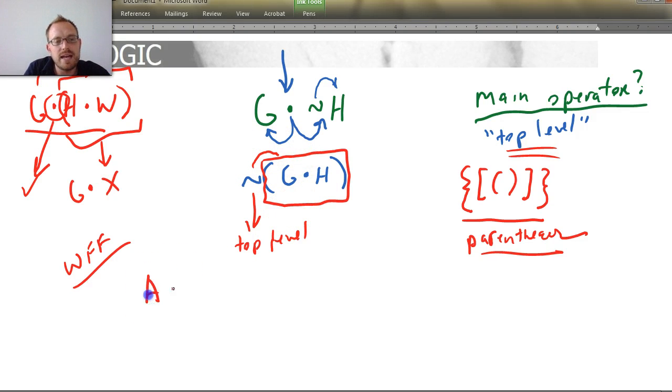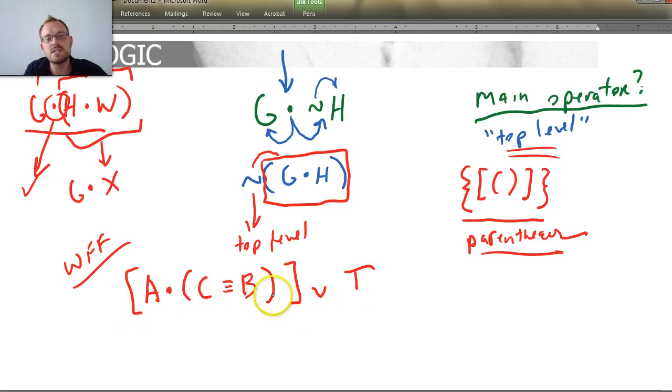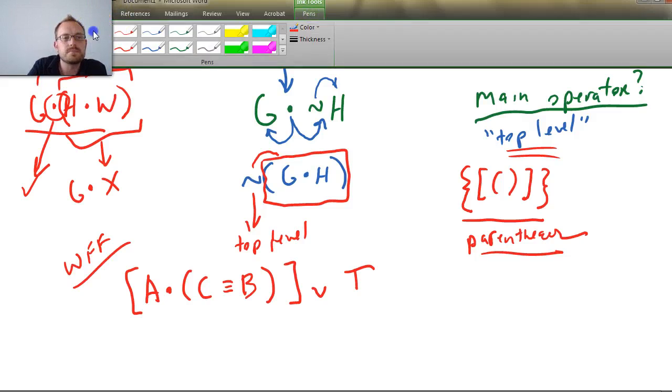What if I put A and C if and only if B? Right? So you can see here, how do I understand how the parentheses work in this case?